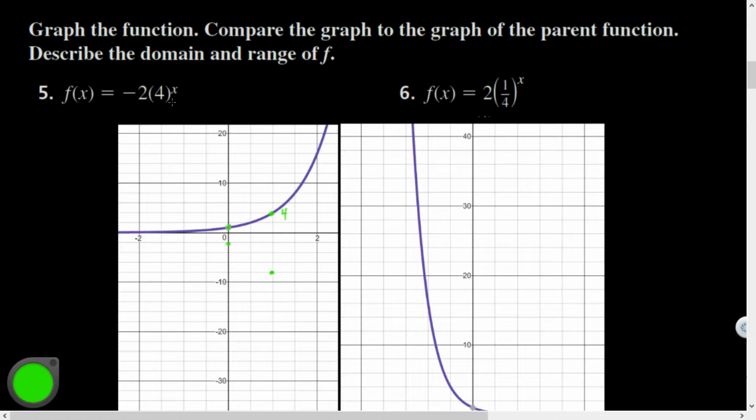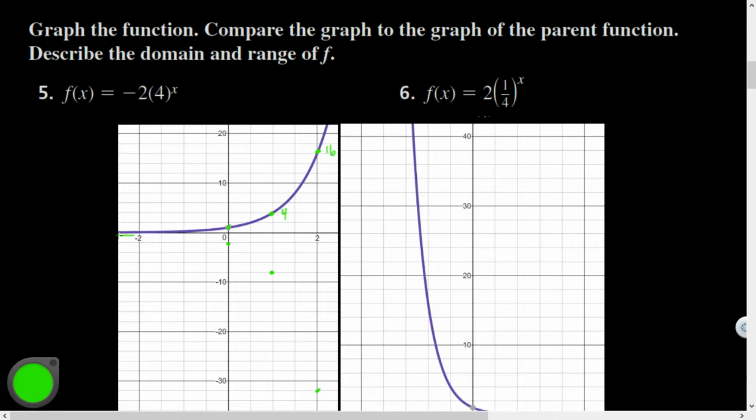Over here, when I plug in 2, 4 squared was 16, all right? And what's 16 times -2? -32 right there.